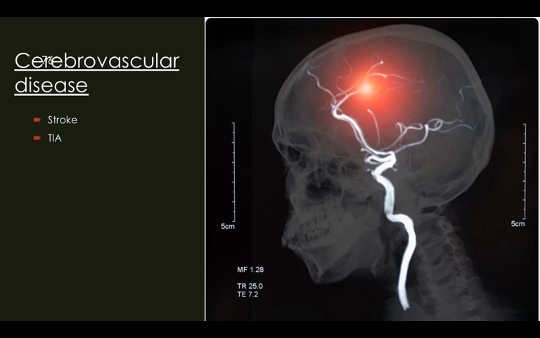Right, so this is the final bit now, cerebrovascular disease, specifically strokes and TIAs. So I've covered, so far we've gone through traumatic brain injury, all the different types of hemorrhages there. We've talked about primary and secondary traumatic brain injuries as well, herniations.